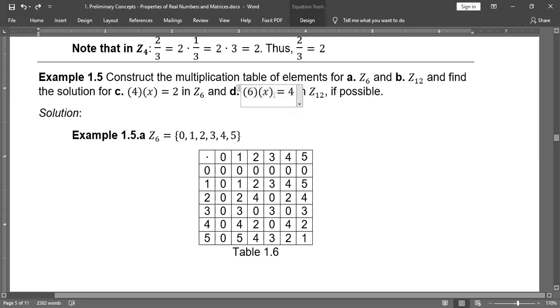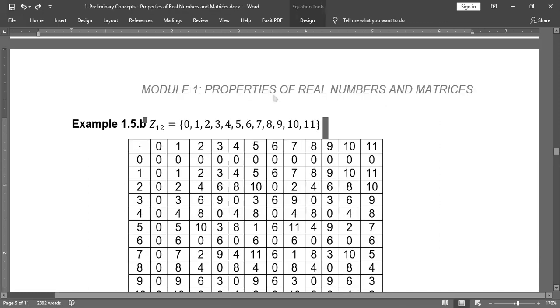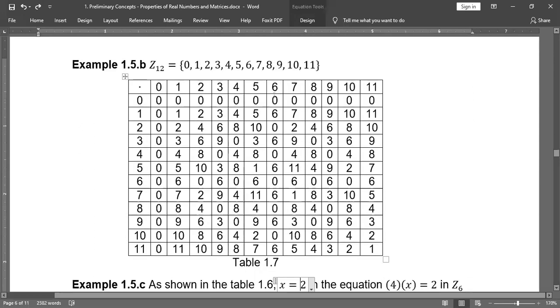Okay? In Z12. So, 6. Ano yung pwede natin i-multiply kay 6? So, we'll be focusing dito. Ano yung pwede nating i-multiply kay 6 para ang result is 4?